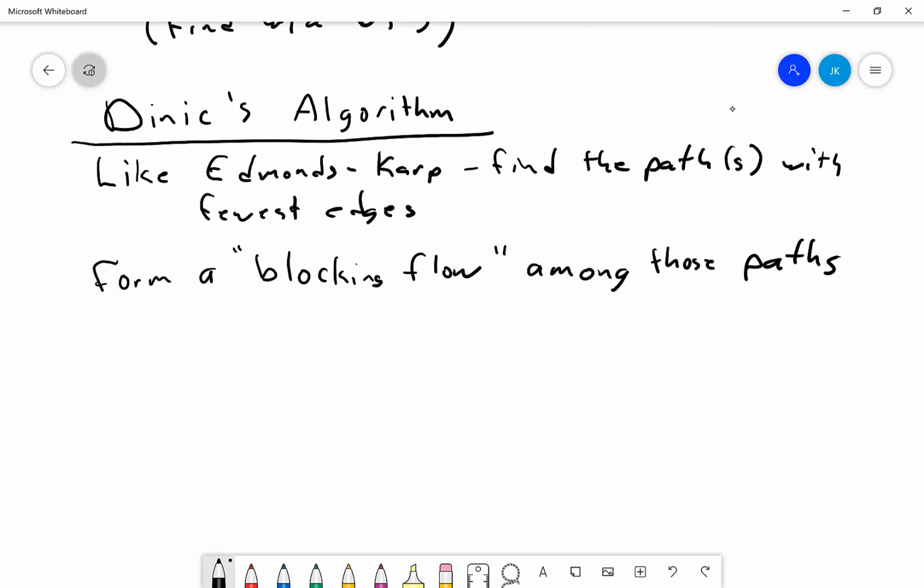So you now look at paths of length 4, or whatever the next shortest amount is, and you keep working your way up until you've pushed all the flow through that you can. Just like with Edmonds Karp, you repeat it until you can't push any more flow through. Now, the process of forming the blocking flow is a little bit trickier, but it's basically like doing flow on that subset of paths.